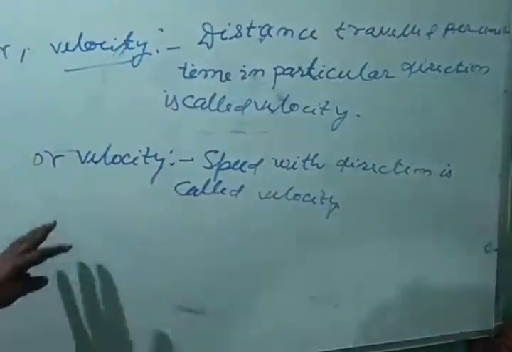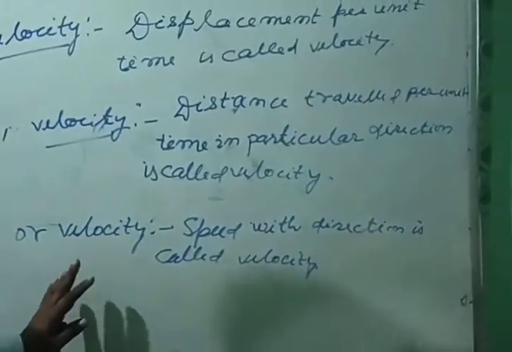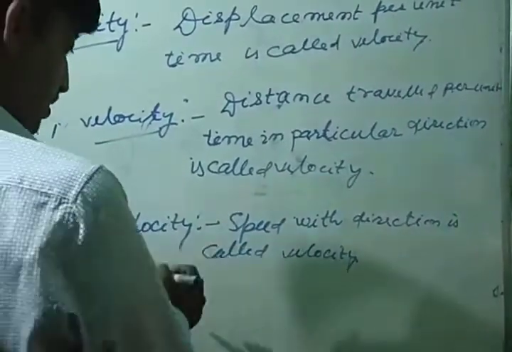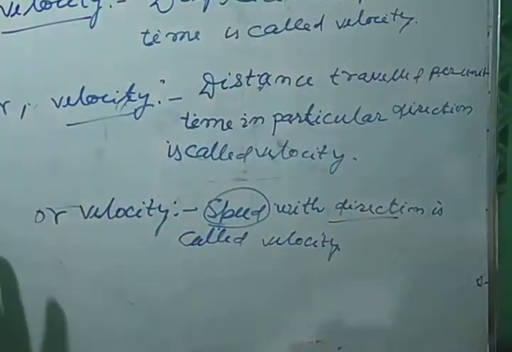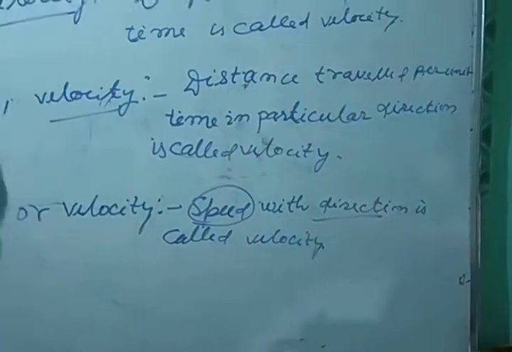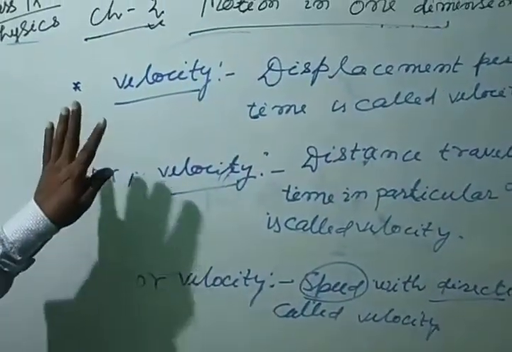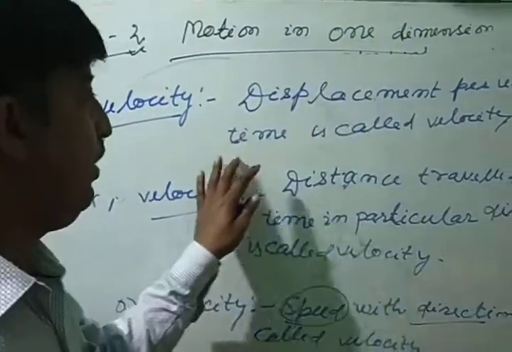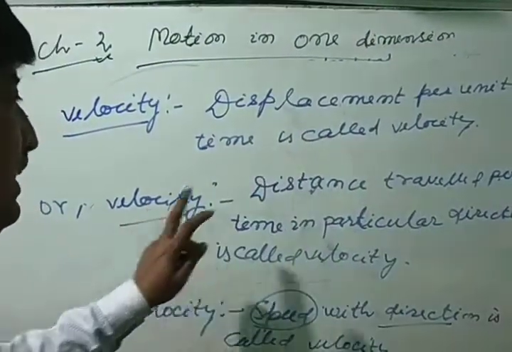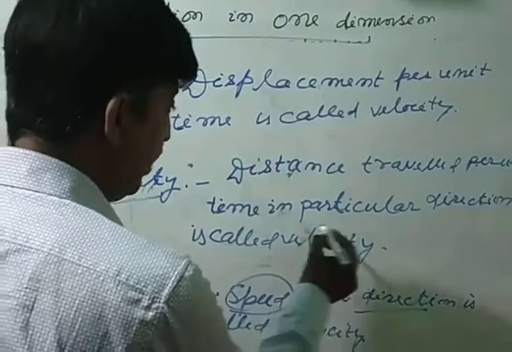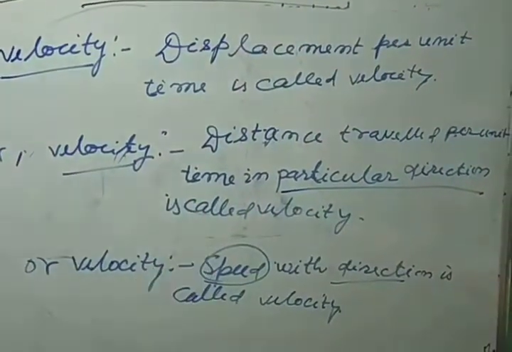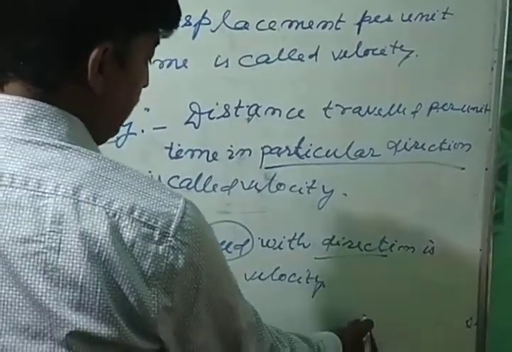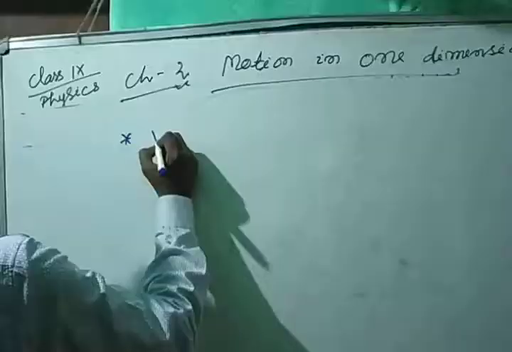So here two things are needed in velocity: first speed and second direction. So velocity may be defined in different ways. First way, displacement per unit time is called velocity, or distance traveled per unit time in a particular direction is called velocity, or speed with direction is called velocity.